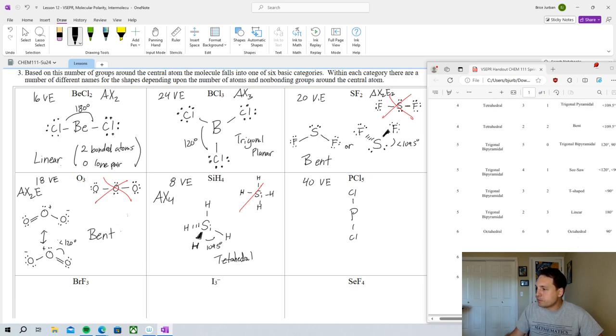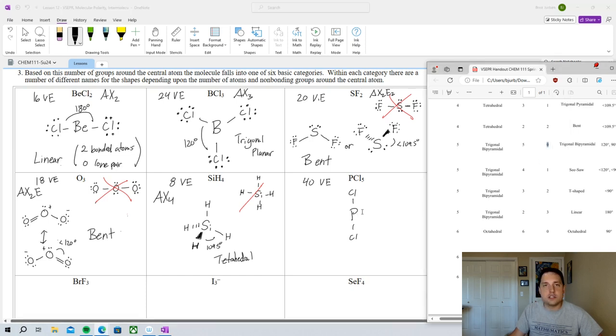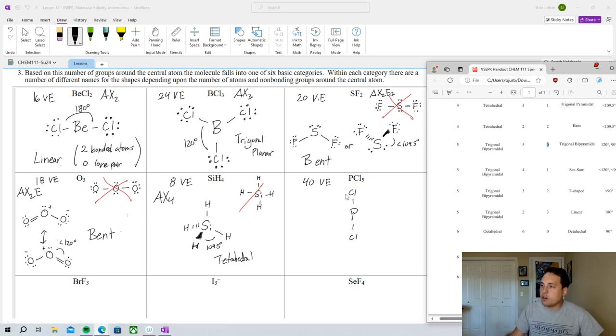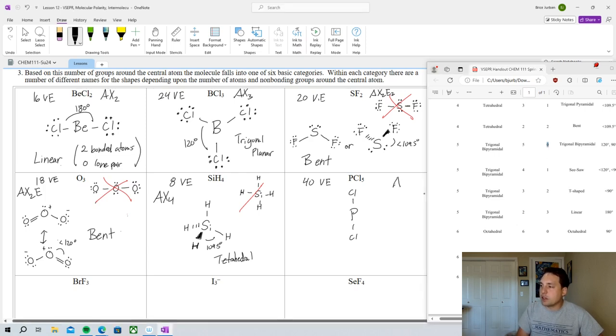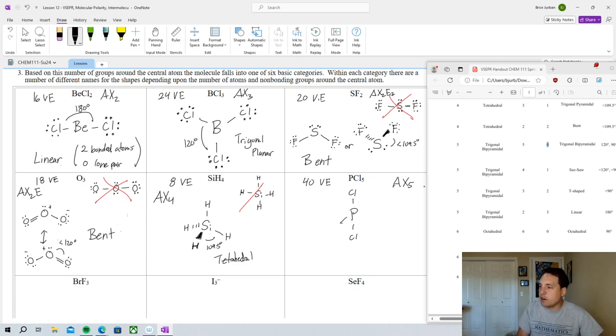It could be square pyramidal, or it could be trigonal bipyramidal, and that depends on how many lone pairs there are on the central atom. So in this case, if I distribute all the electrons around the chlorines, we'll end up getting 8 times 5, which is 40. So we'll end up getting the AX5 notation on this one. It takes a little bit of practice to jump ahead like that in your brain, but it is in fact AX5, and we can verify that.